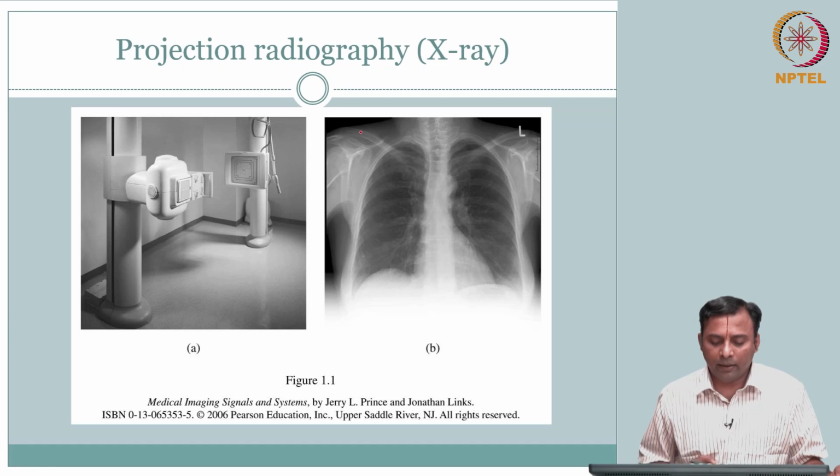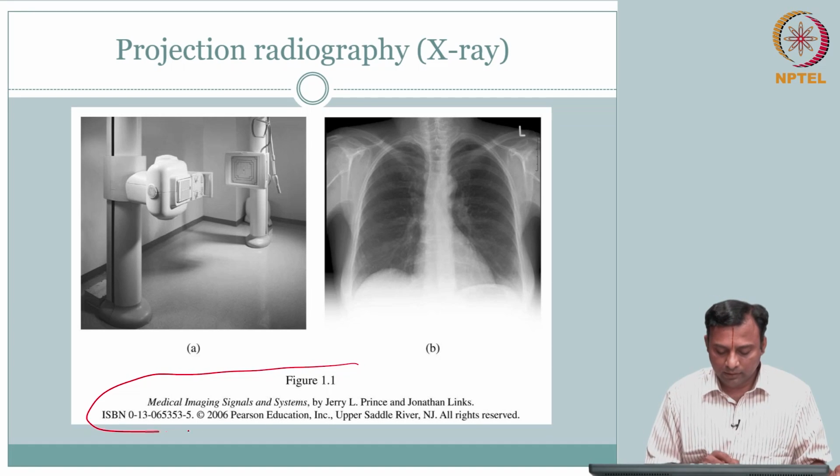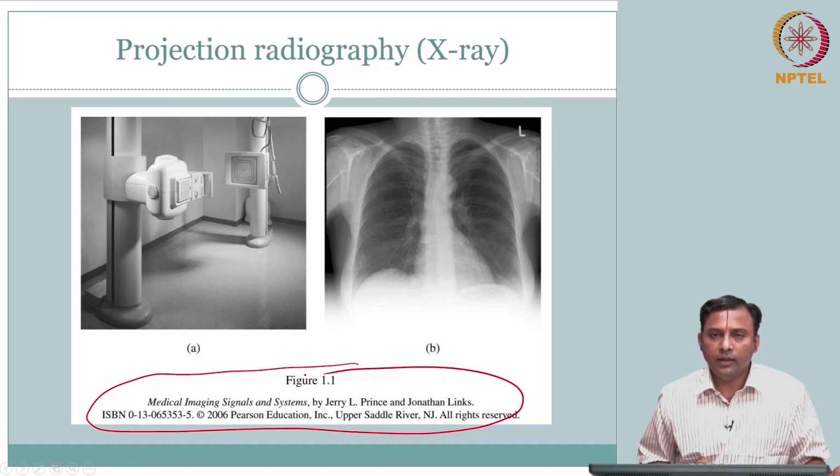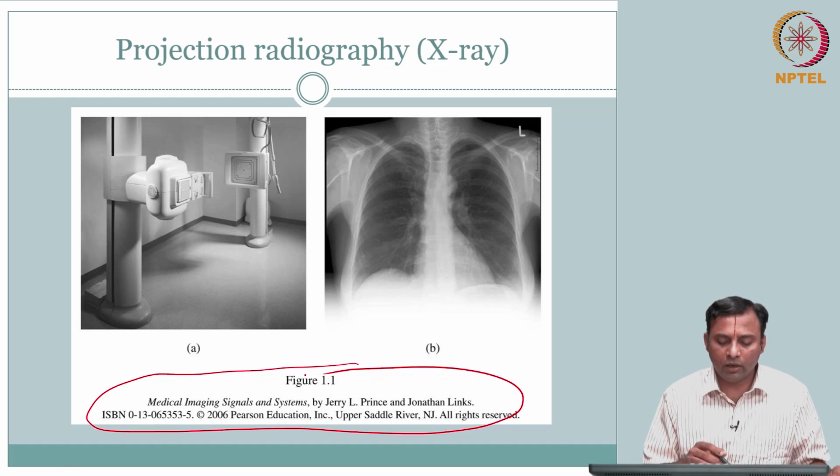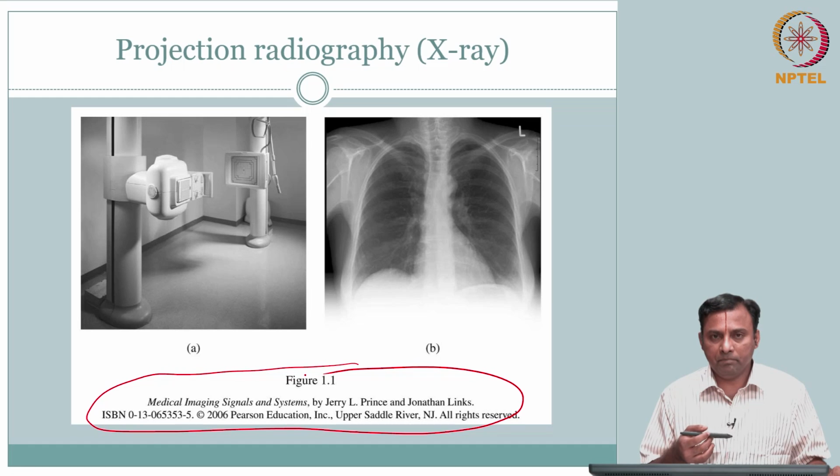I mean, like I said, this is coming from the textbook reference, but I keep repeating, this is something that is very intuitive. At this point of time, most of you at least would have gone for taking a chest X-ray for yourself, or you have accompanied someone, right. So, this is what they do.